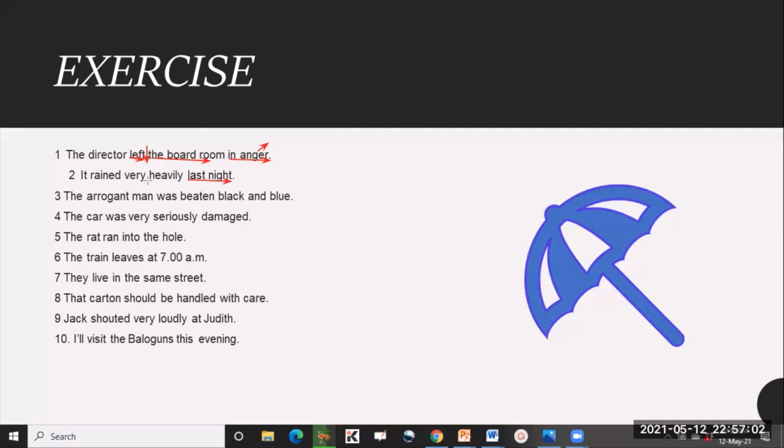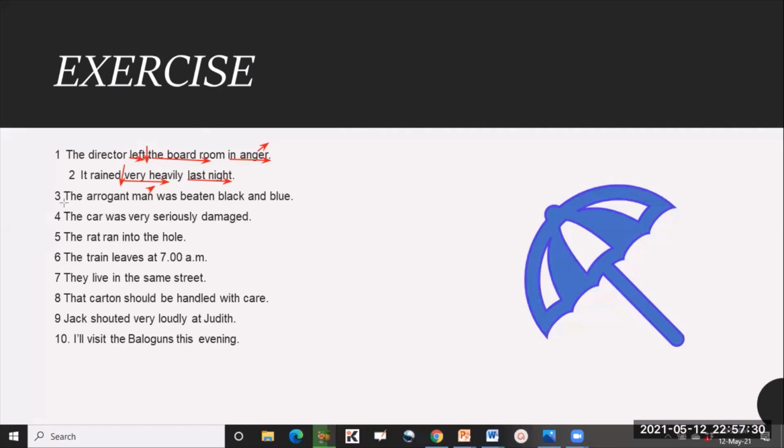But actually, we have two adverbial phrases here. And so when we say it rained, the question is, how did it rain? Very heavily. When did it rain? Last night. All right.